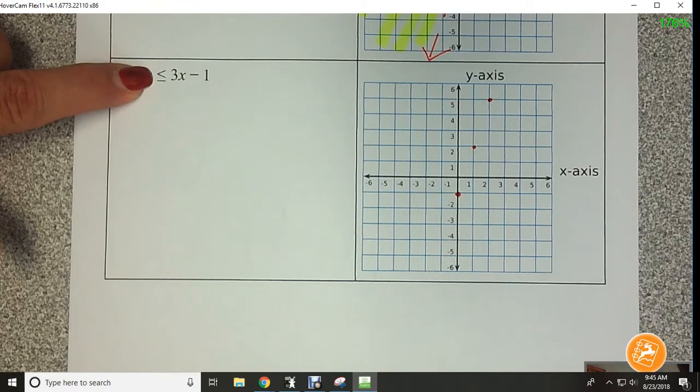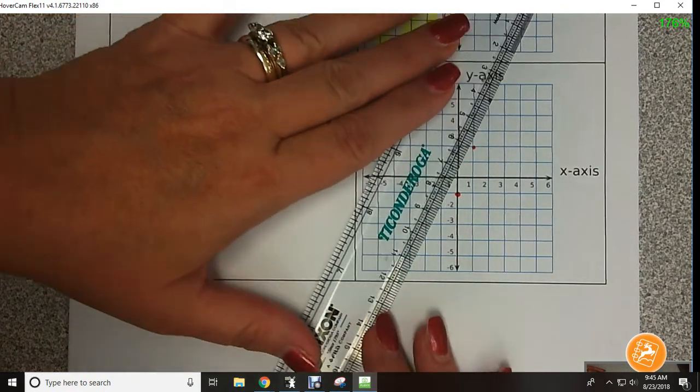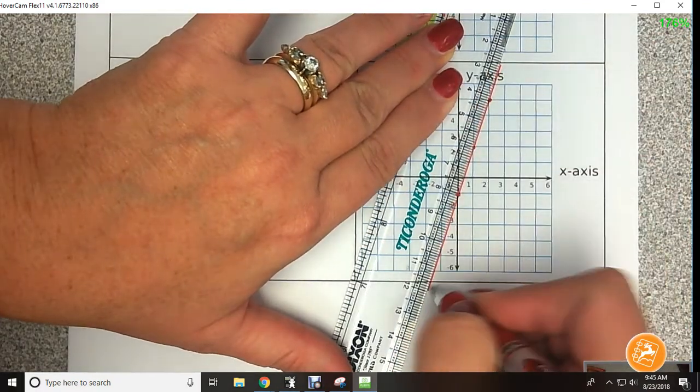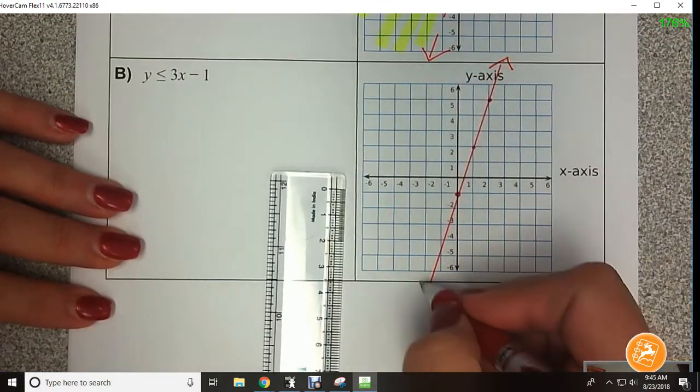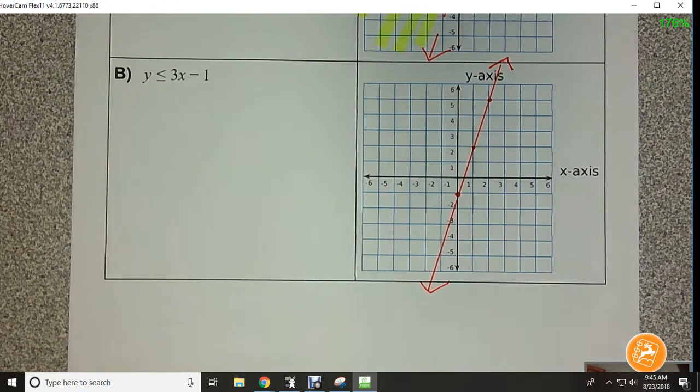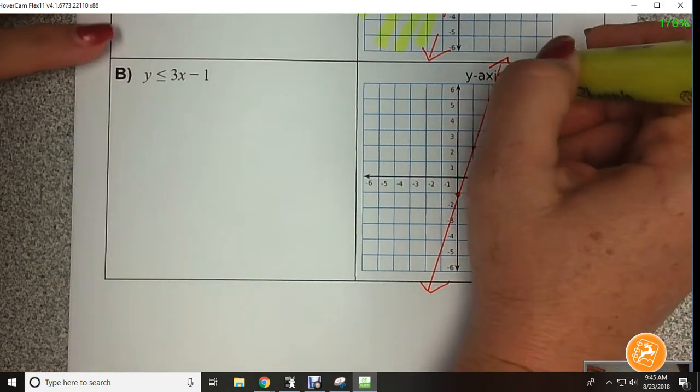Because it says less than or equal to, the equal to part means it's going to be a solid line. And the quick and easy way to figure out where to shade for less than is to shade underneath or below the line.